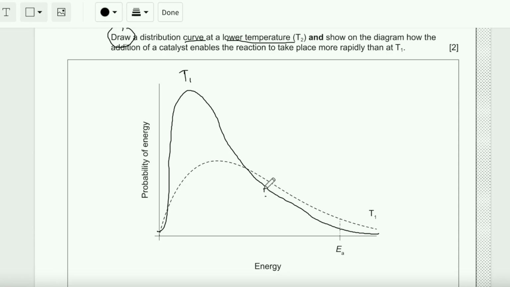So here is the catalyst. Ea, because more particles have enough energy as it is catalyzed. That's why it's in this area.